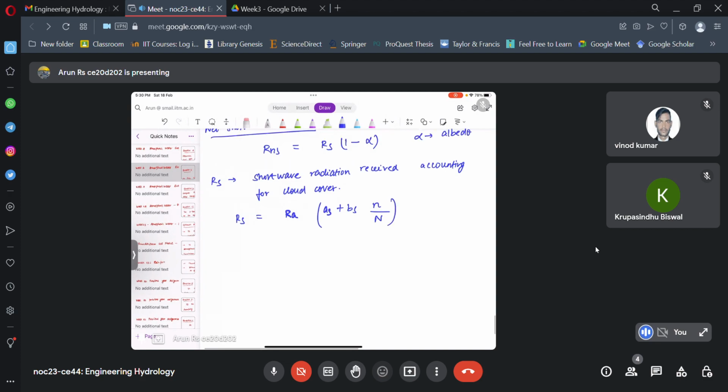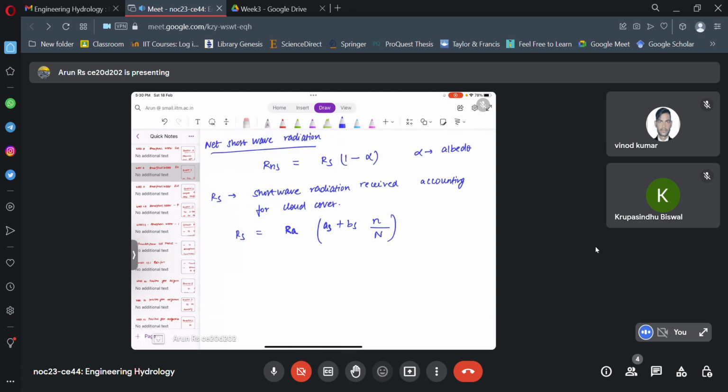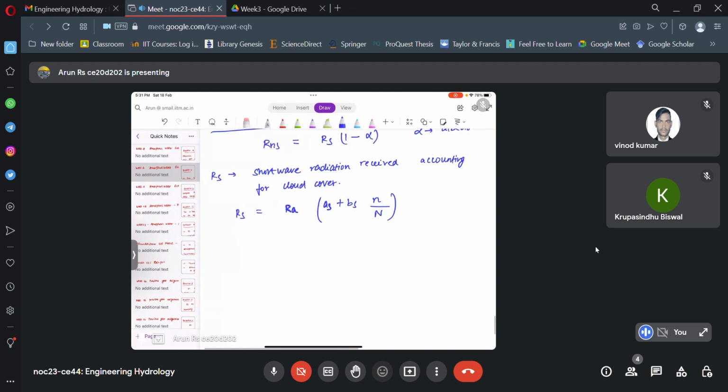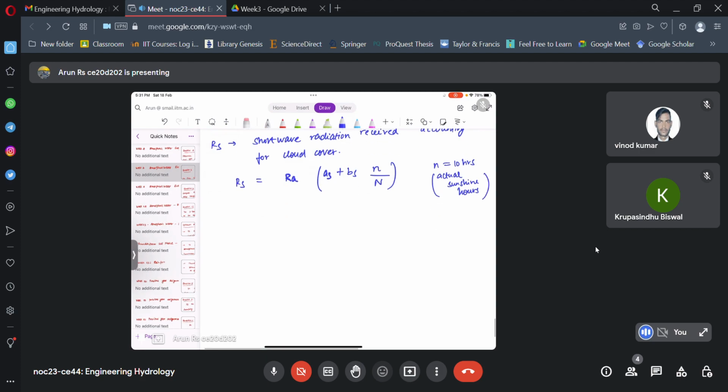So you can see where we are using the information which we got from the table. Small n is given in the question to be 10 hours. This is the actual amount of sunlight, actual sunshine hours. Denominator is the maximum possible. And AS and BS are called Angstrom constants.